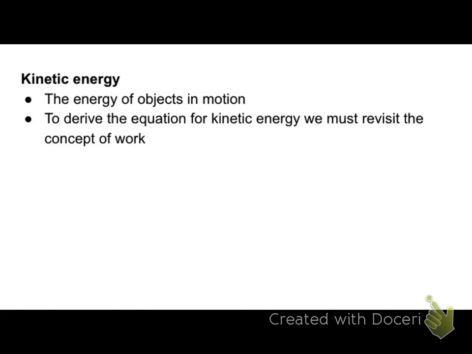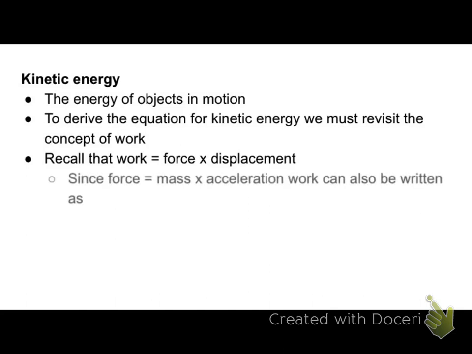To derive an equation for kinetic energy, we're actually going to work backwards and go back and talk about that concept of work again. And through that, we will get to kinetic energy, because the two are related. So remember that our formula for work is equal to force times displacement.